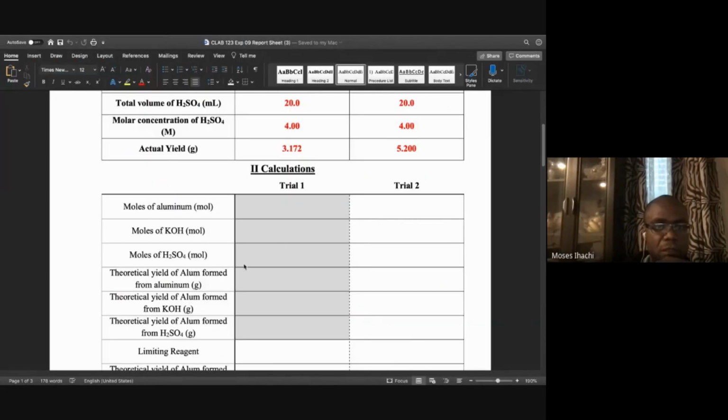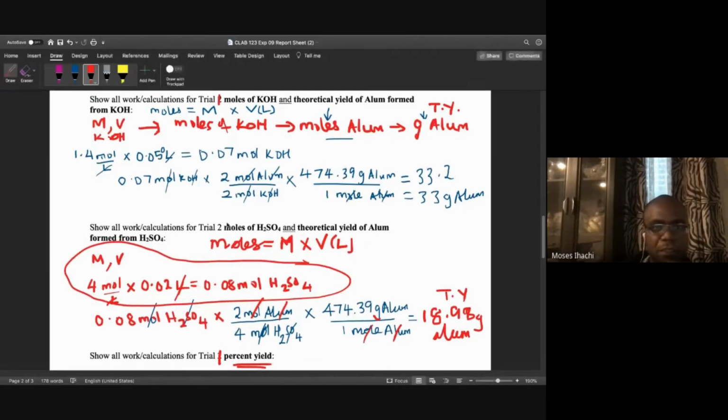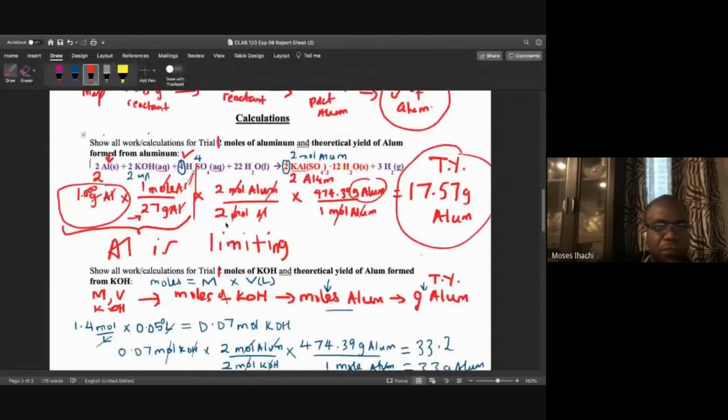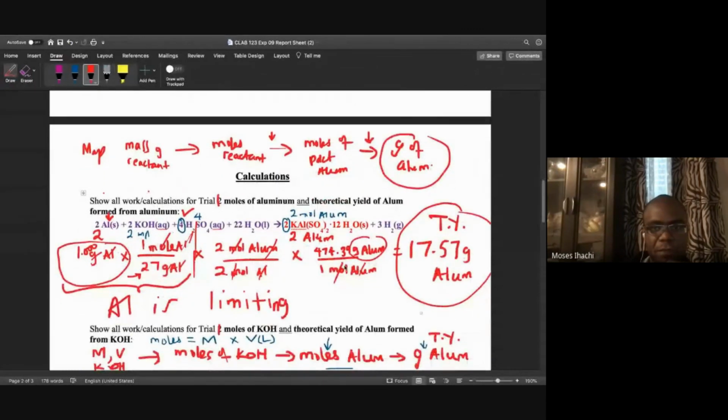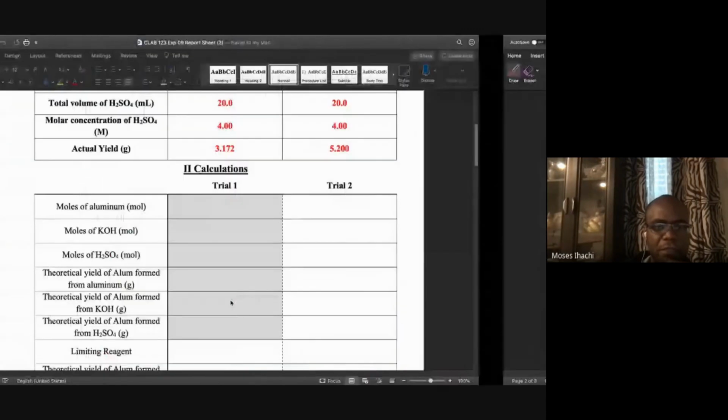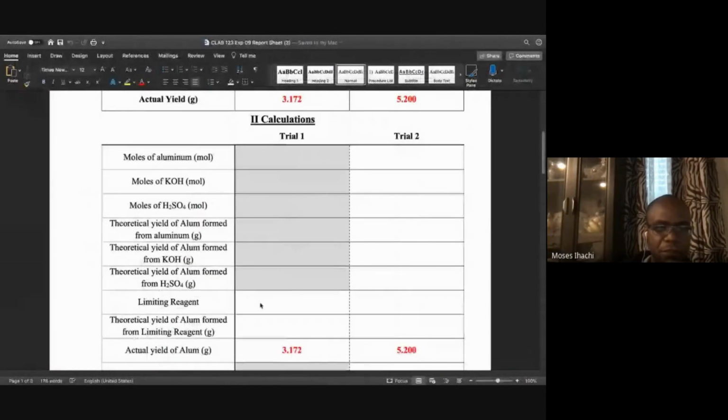Next, theoretical yield of alum formed from aluminum. Of course, that tended to be a limiting reactant. We did that math on this part right here and found the theoretical yield to be 17.57. Al is limiting. That goes onto your table right there.